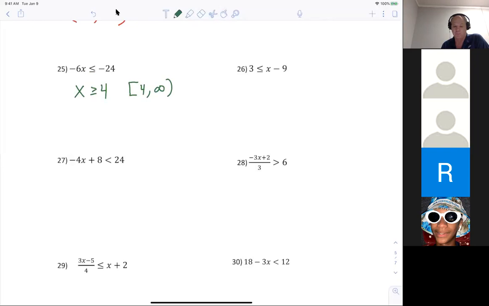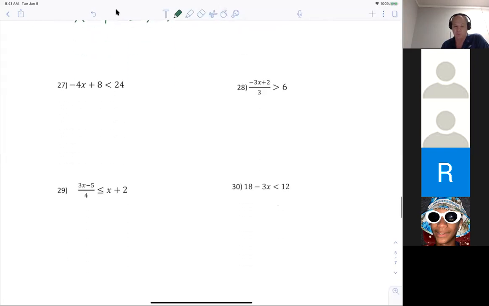All right, number 27. Subtracting 8, negative 4x is less than 16. So now x is greater than negative 4. Right?